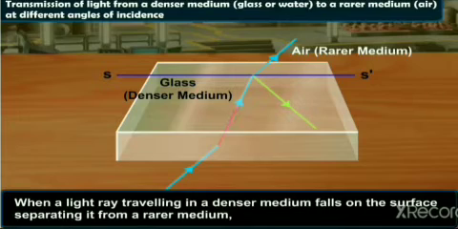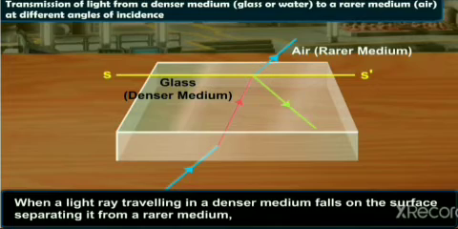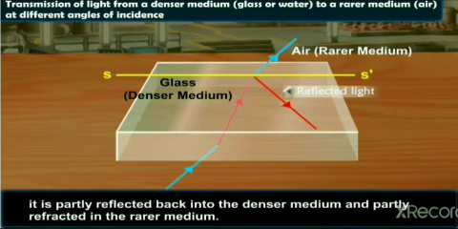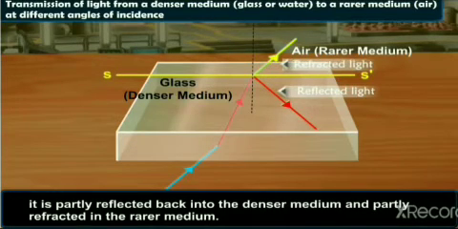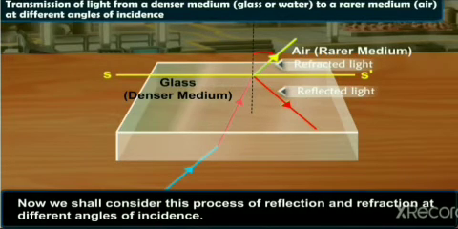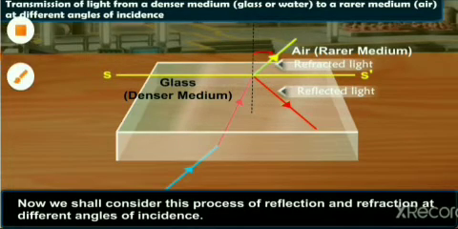When a light ray traveling in a denser medium falls on the surface separating it from a rarer medium, it is partly reflected back into the denser medium and partly refracted in the rarer medium. The refracted ray bends away from the normal on the surface at the point of incidence, obeying the laws of refraction. Now we shall consider this process of reflection and refraction at different angles of incidence.